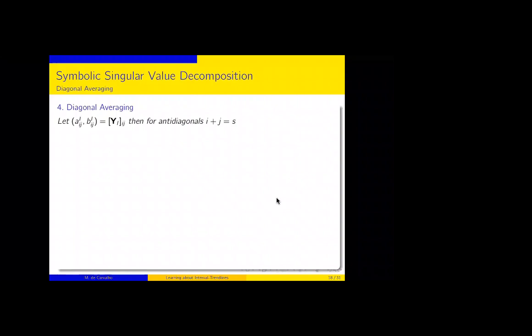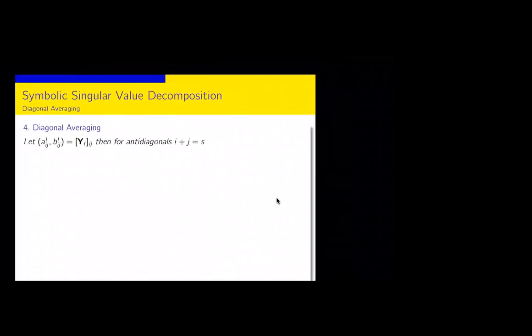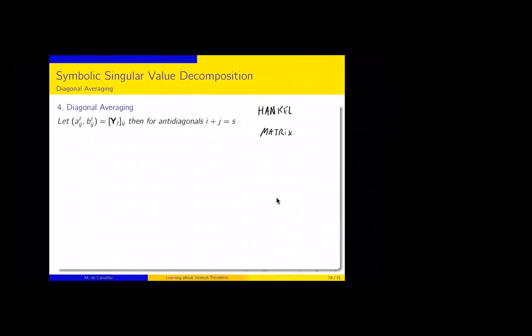I'll take note of that just because it might appear on the slides later on. So think of a Hankel matrix as precisely a matrix whose anti-diagonals are constant. Okay. So, for example, the matrix we've presented earlier is an example of a Hankel matrix.